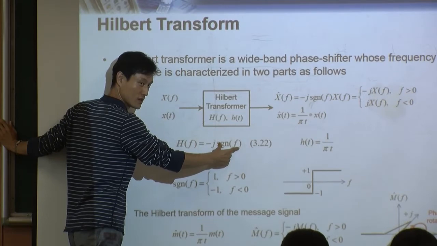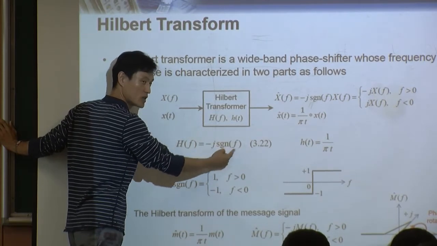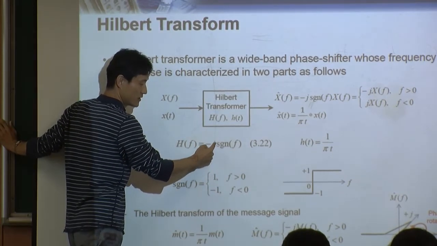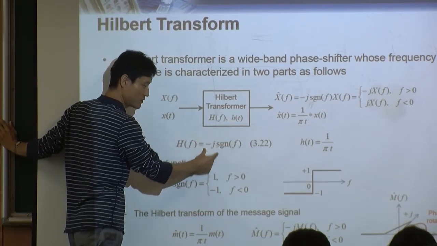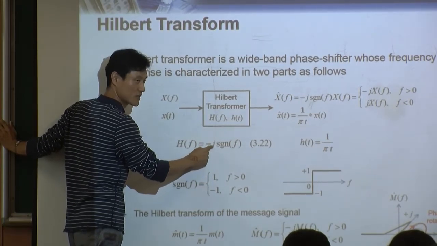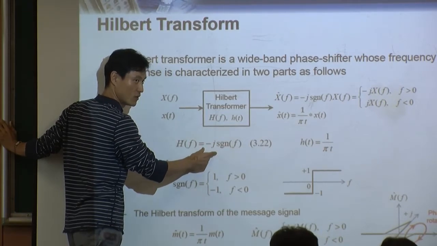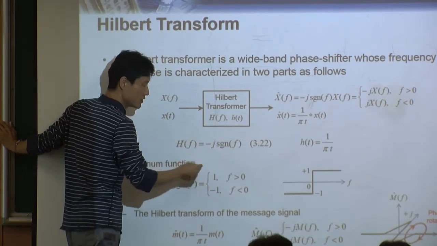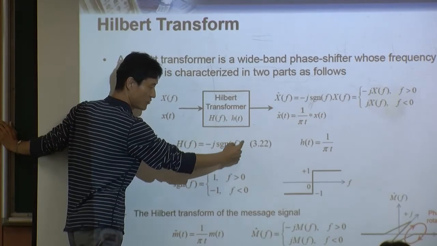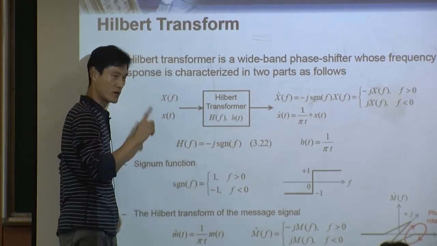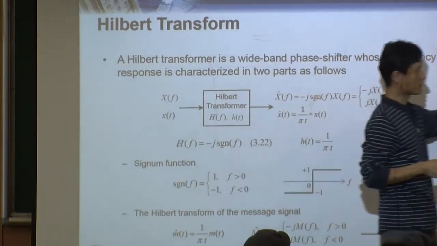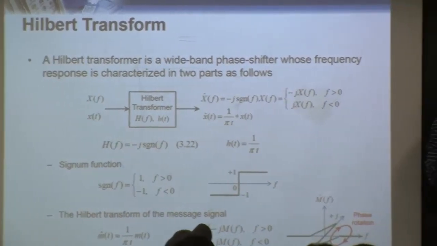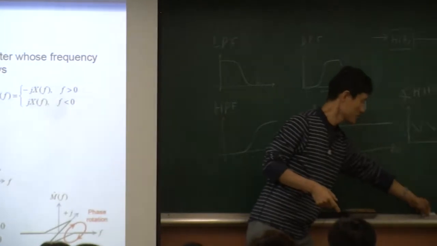And j, what is the amplitude? 1. When you take the absolute value of j or minus j, the magnitude is 1. So when you take the magnitude of all these things, it's always 1.